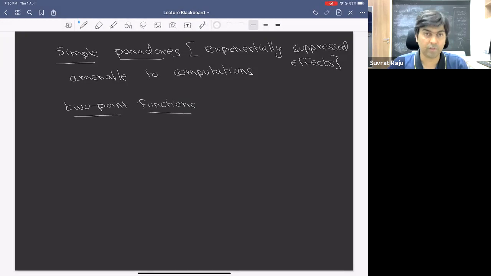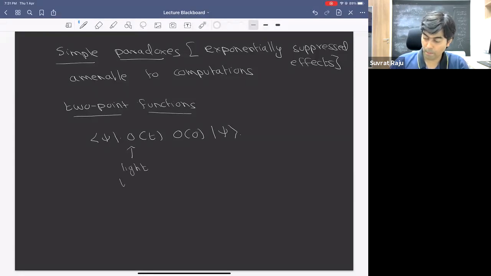involves 2-point functions. Let's take a pure state in a CFT, or we can take a thermofield double state, but let's take a pure state just for simplicity, and consider some 2-point function in this thermal state, where this is a light boundary operator.